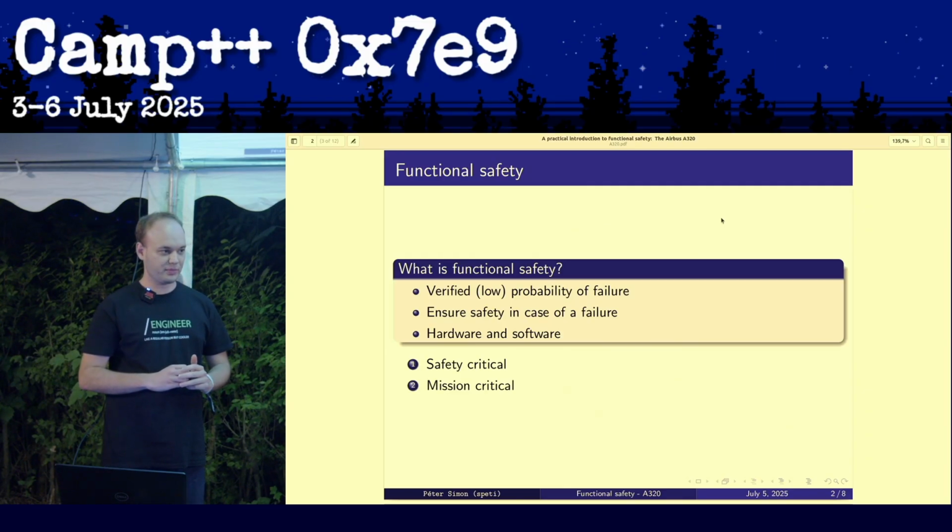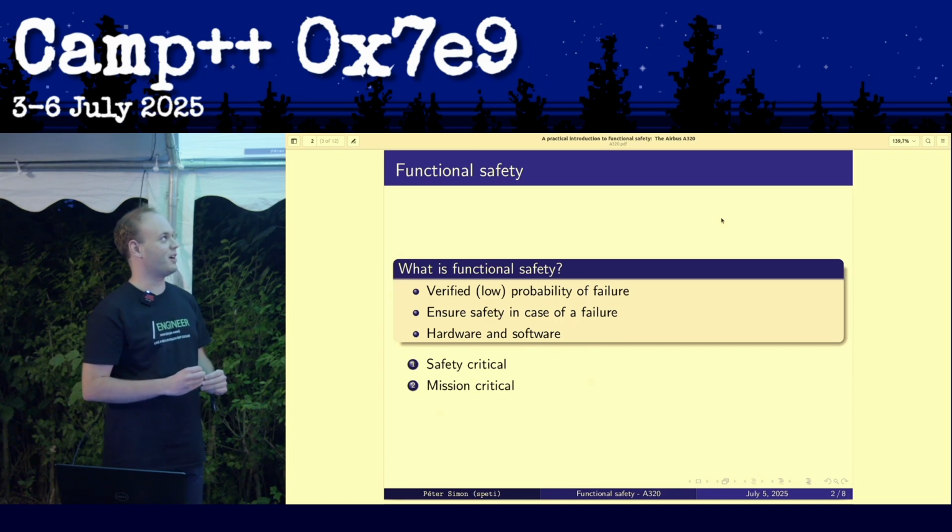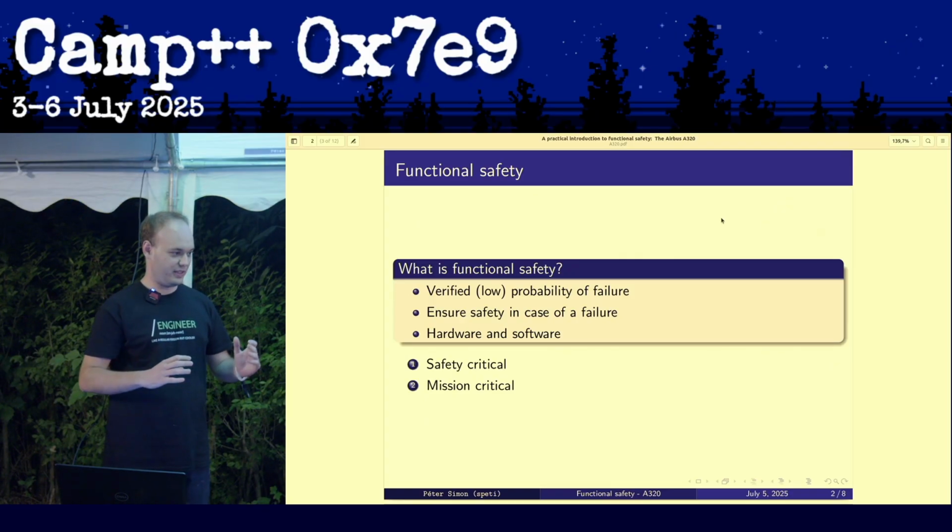For example, I'm working on an overspeed governor for an elevator, and there is a safe state when you apply the brakes. If anything fails, you can always just engage the brakes and it will stop and everything will stay safe.